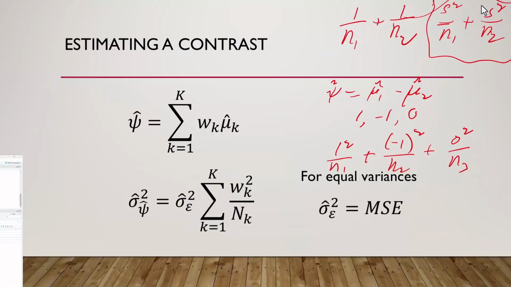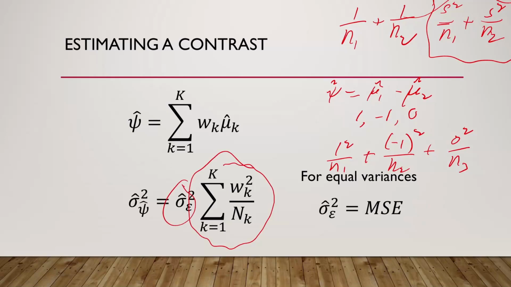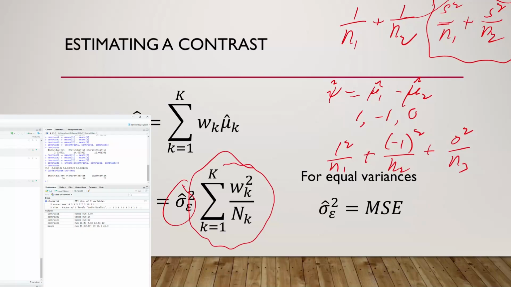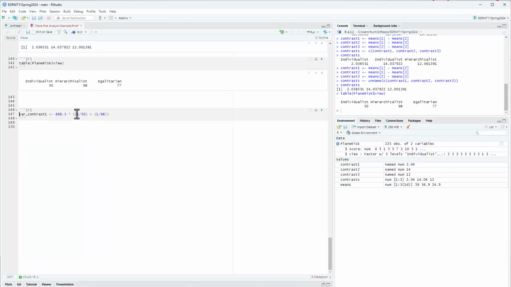Again, to look at the formula, we have the sum of the weights squared over n, and then out in front we have the mean square error. So that is what I've done here. The 1 over n1 plus 1 over n2, and out in front is the mean square error. That's the variance of contrast 1.